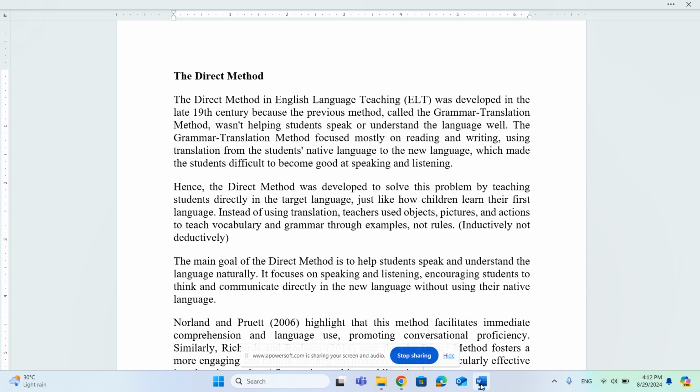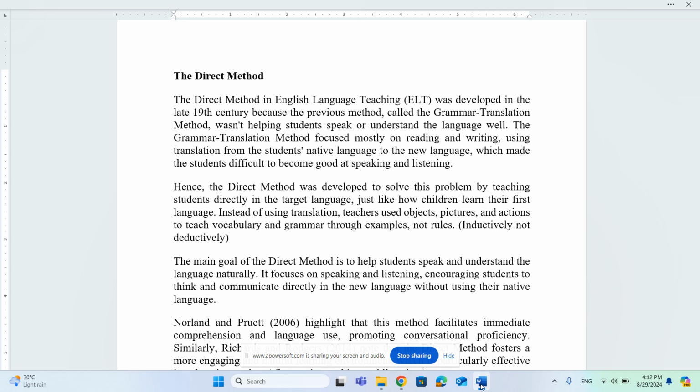It means if we teach vocabulary using the grammar translation method, and suppose there is a word like stone in English, and we teach the meaning of stone using the grammar translation method, what we say is: stone means dunga. We translate it into the native language of the students.